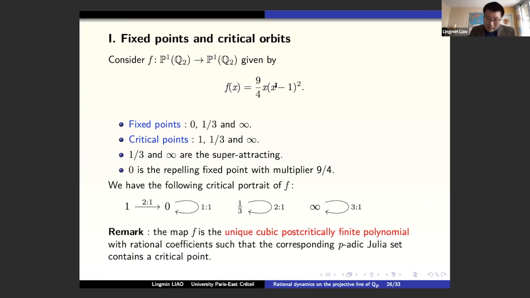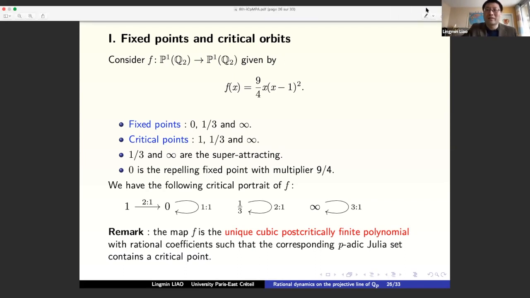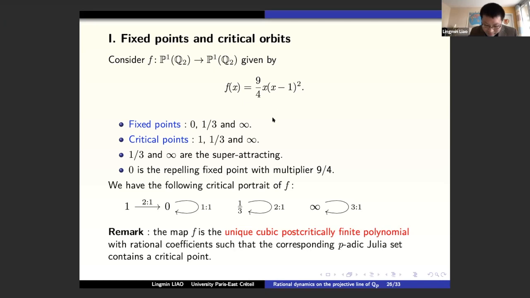And the critical points, you can just calculate the derivative. So critical points, I just recall, is what it says, just where the derivative equals 0. You calculate the derivative, you have the linear factor, and you will find one is a critical point. And you will find all 3 critical points.